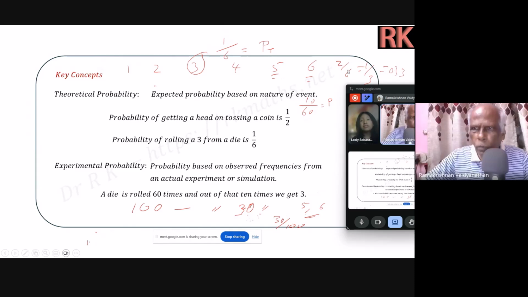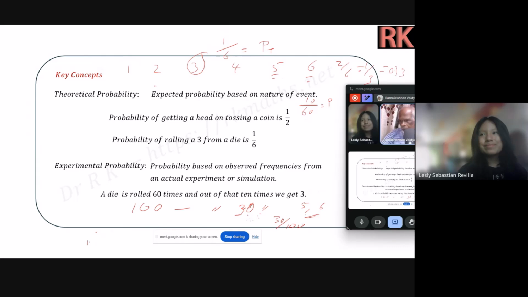Yes. Then 2 by 6 is 1 by 3. So theoretical probability and experimental probability I can compare. Yes or no? Yes. Theoretical probability is about 0.3. Experimental probability also 0.3. Yes. Slight difference because I have tossed it 100 times, a large number. That is called the law of large numbers.